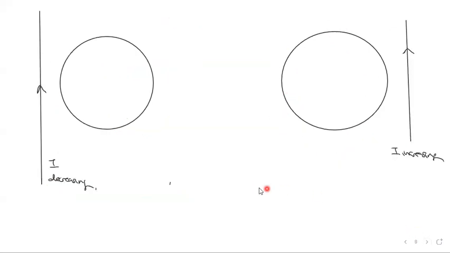Okay, two more questions here. We've got a current going up. A current going up will, of course, create a magnetic field, which will create one into the page on the right.